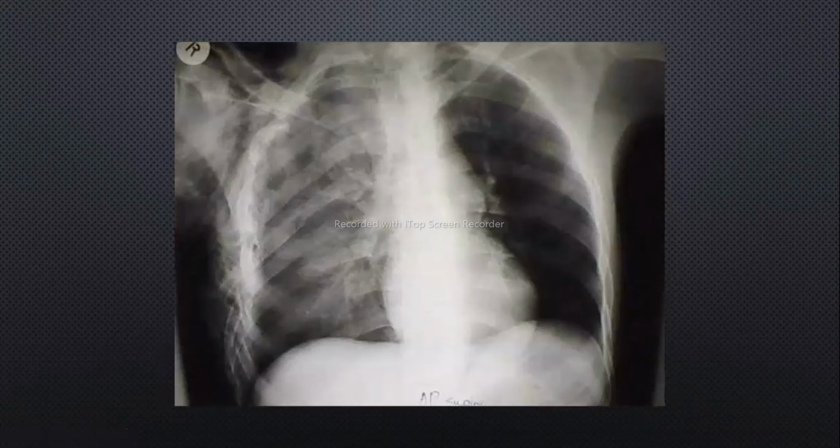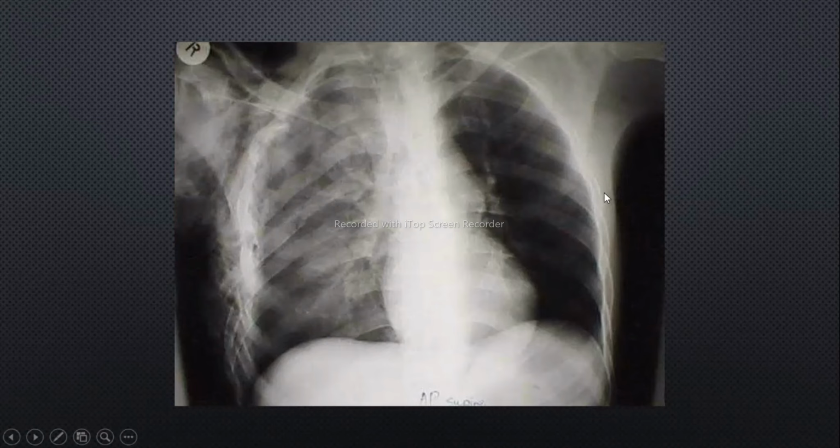Right subcutaneous emphysema and right lung contusion. Excellent. So here, can you see the chest wall? There is a deformity. There are some rib fractures as well. Here it's not obvious regarding the fracture, but you can compare the chest walls. So here it's a flat chest, and here also subcutaneous emphysema.